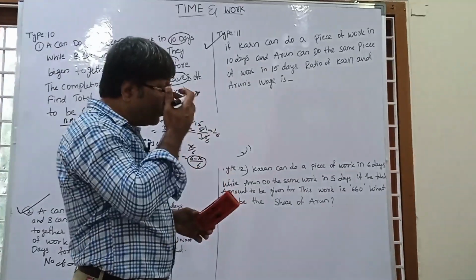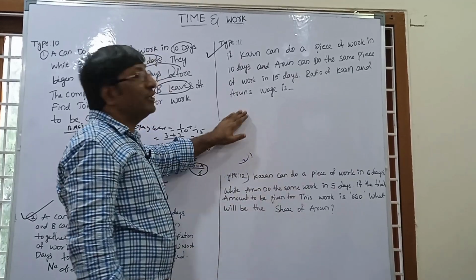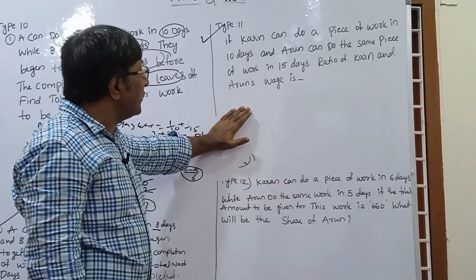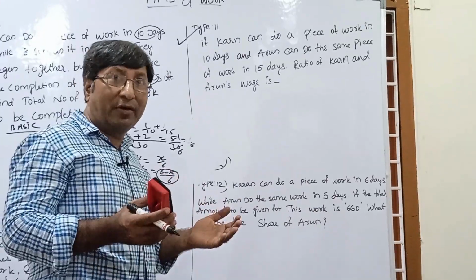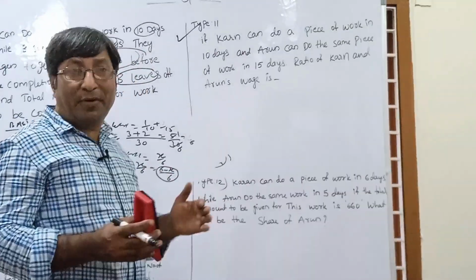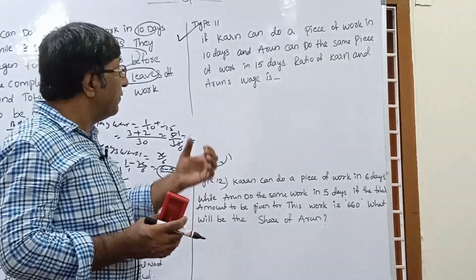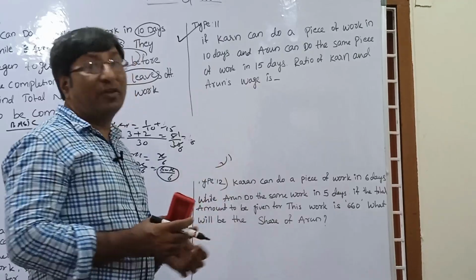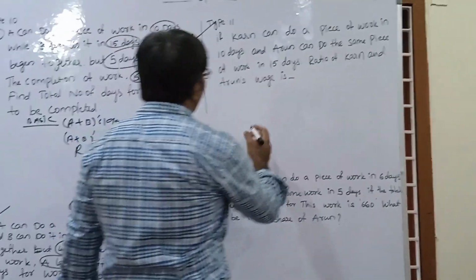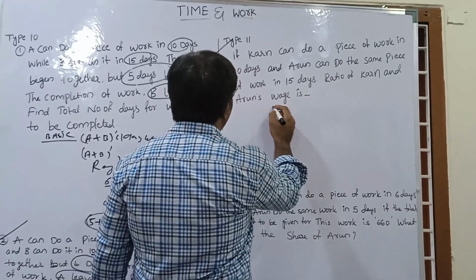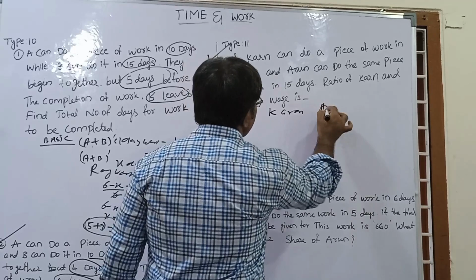For this type of question, the main funda is the ratio of wages. The person who does more work will get more wages. So the ratio of work equals the ratio of wages. First, see the ratio of work. Here, this is Karan and this is Arun.